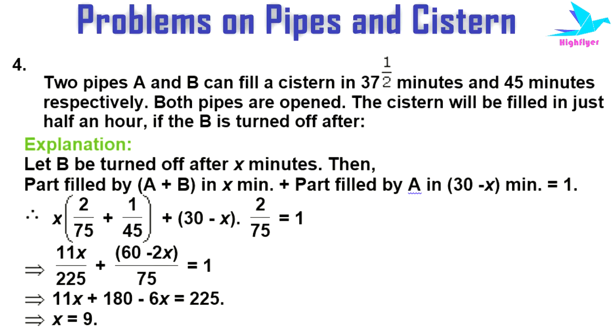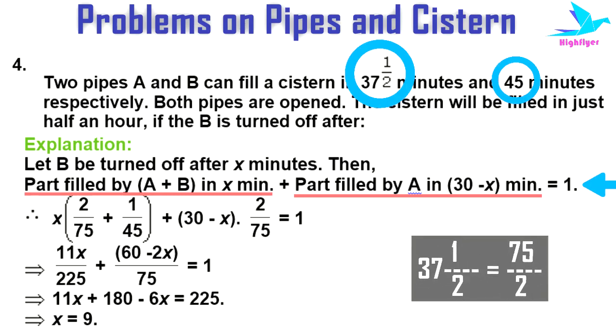Let's see how. Now let B be turned off after x minutes. Then let's take the summation of 2 parts individually. One part is the part filled by A plus B in x minutes plus the part filled by only A in 30 minus x minutes, that will be equal to 1.